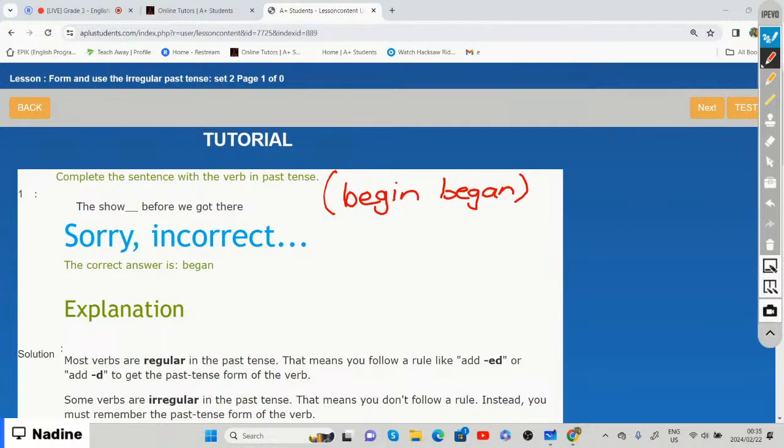Begin or began? The irregular past tense.